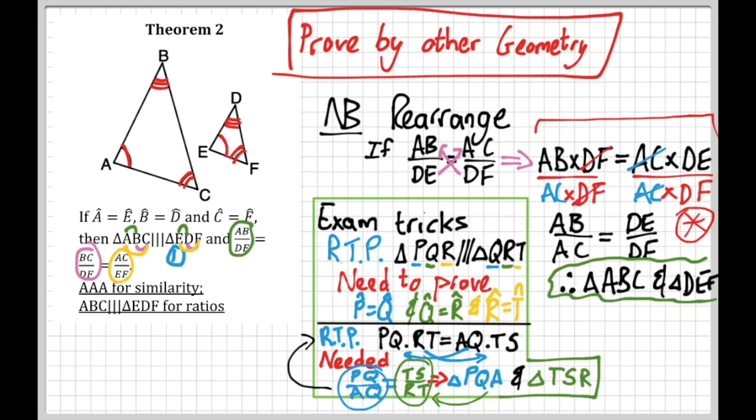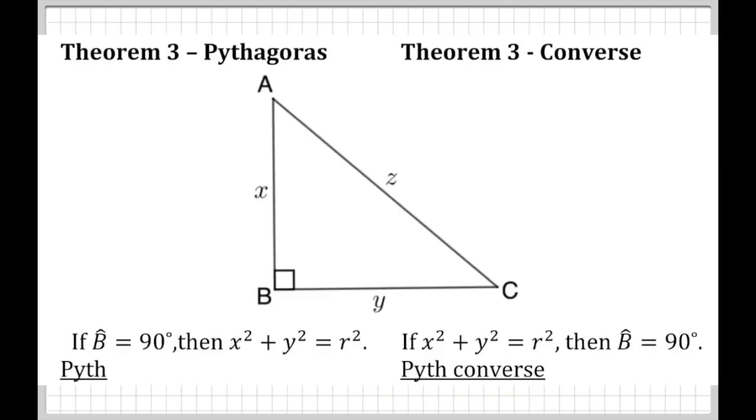Now, theorem 3, ladies and gents, is simply the theorem of Pythagoras. Now, this theorem you have actually done since grade 8. You've done it so many times. You've applied it so many times. So what is different in grade 12?